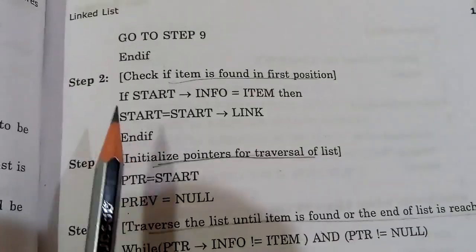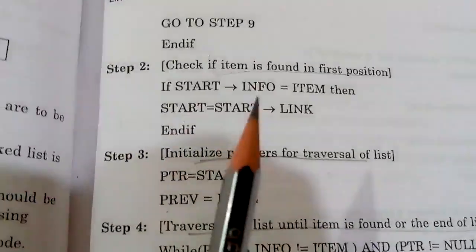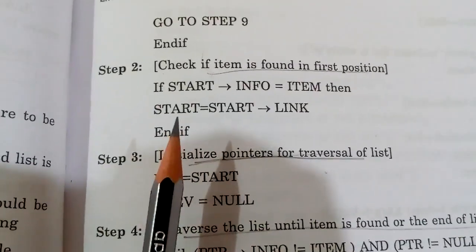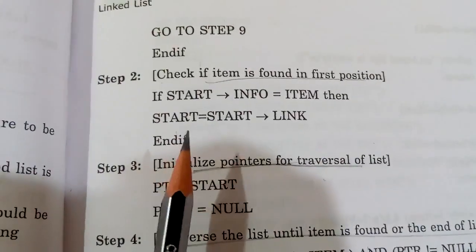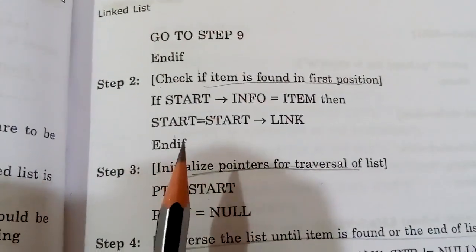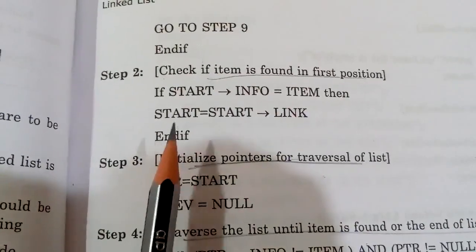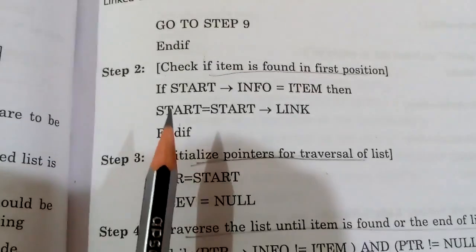Next, step 2, if the item is found in the first node itself, then the first node should be deleted.